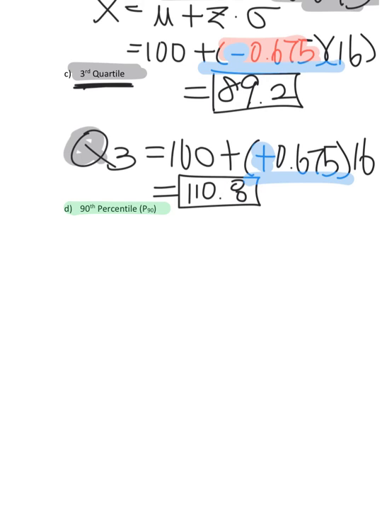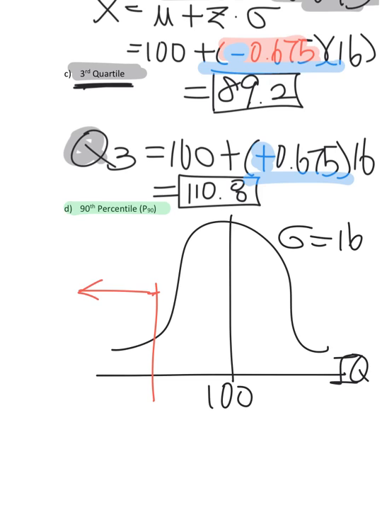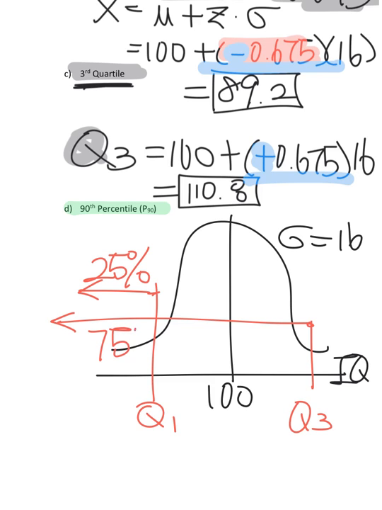the 90th percentile. Let me make the normal distribution for IQ. Mean was 100, standard deviation was 16. Here was 25% for Q1, and there is Q3, and this one was 75%.